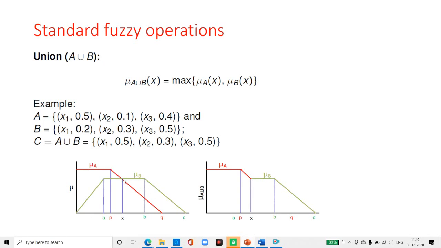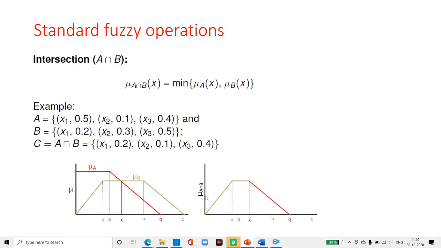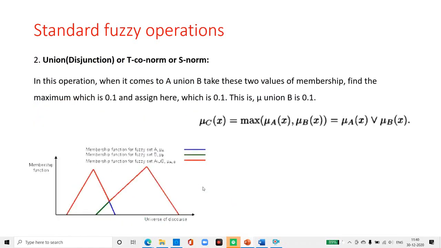So this whole region is called A union B. This is the membership value of mu A, this is the membership value of B, and this whole part is called A union B. That is the membership function for A union B, and this is the intersection.